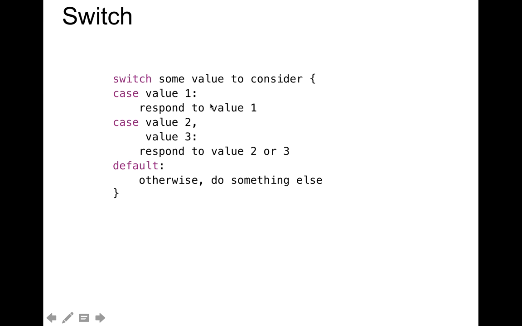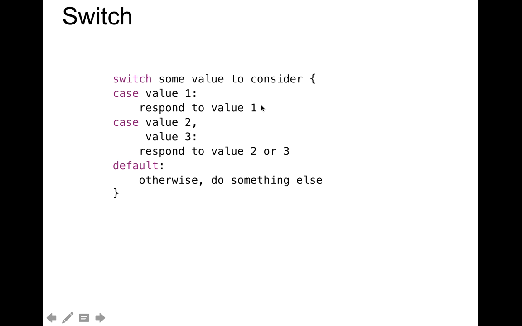But it's a little different from C. Do you remember? In C, generally you need to use a break, and then it jumps to after the curly braces. But in Swift we don't use the break here.